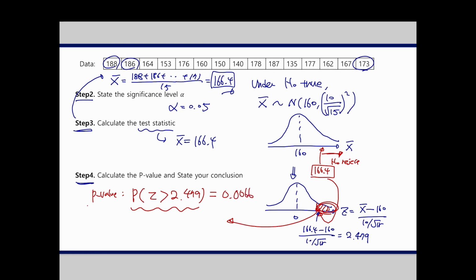Therefore, we can find that the p-value is smaller than the significance level alpha 0.05. So we reject H0.